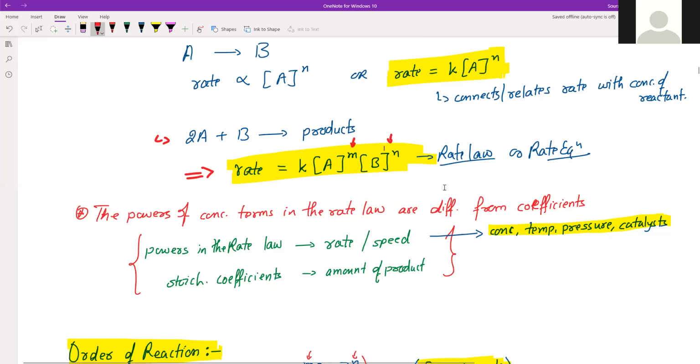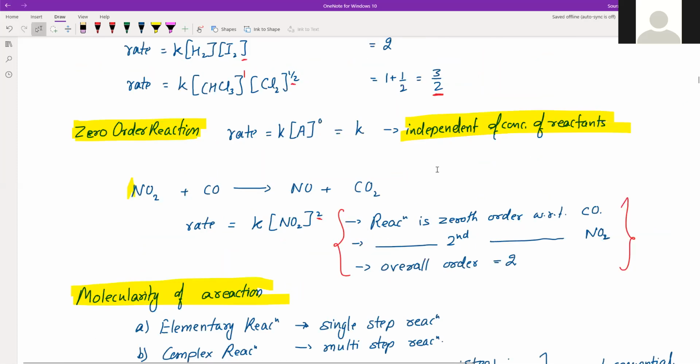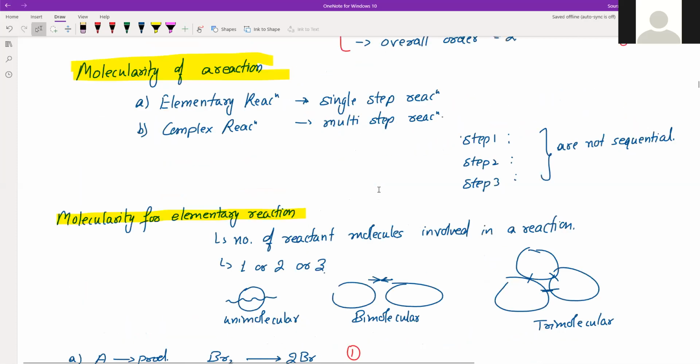So that was order. And molecularity, we defined: we find the elementary reactions and complex reactions, and complex reactions are made up of many steps. We find the rate determining step, and for each step we find the molecularity.